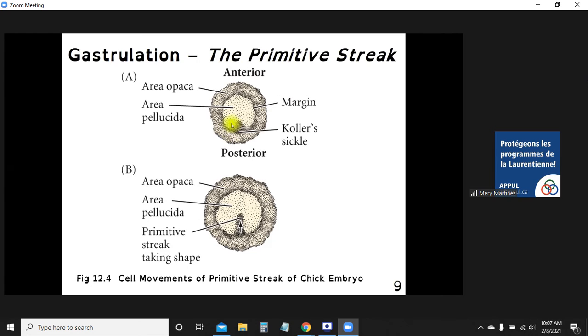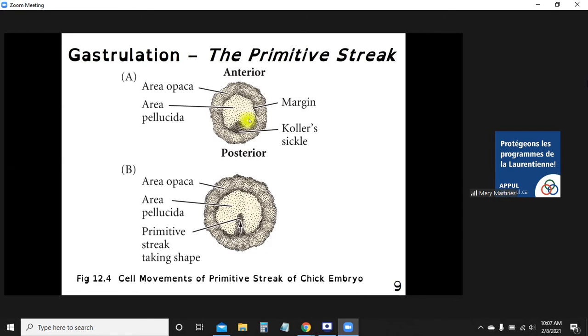So this thickening is caused by ingression. Remember the movement ingression, going inside, moving in, okay? And it occurs during the ingression of the endoderm, okay? So from that epiblast, they're going to start moving forward. They start to migrate. Cells are going to start moving here. This is all the zona pellucida, and this primitive streak is going to start going forward towards the anterior part.